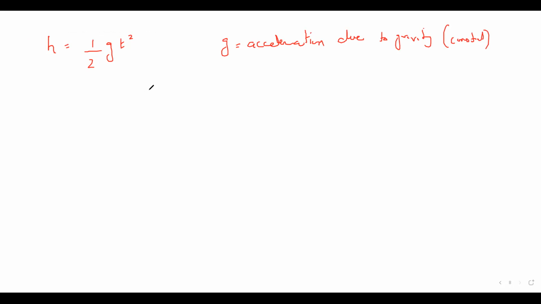The question is show that or predict the shape of the graph between h and t square, and h is on y-axis and t square is on x-axis.